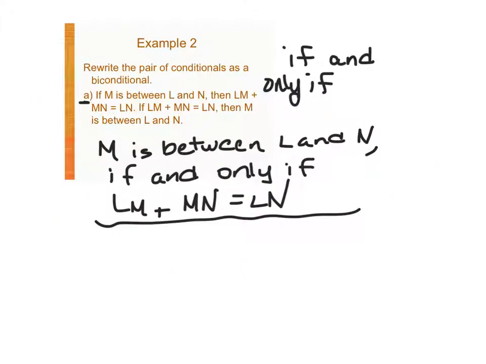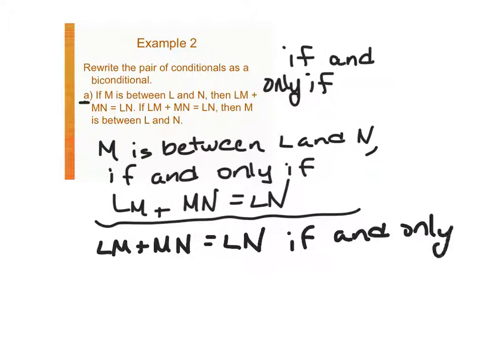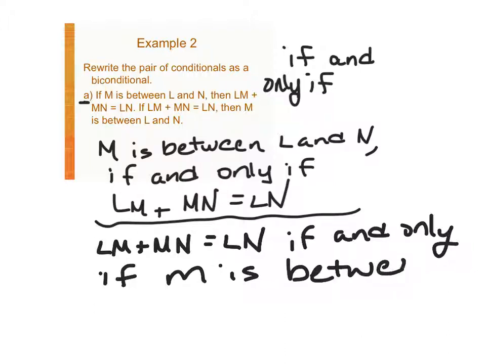We could also state that LM plus MN equals LN if and only if M is between L and N. So as long as both of our statements are true, we can turn both of the conditionals into a biconditional.